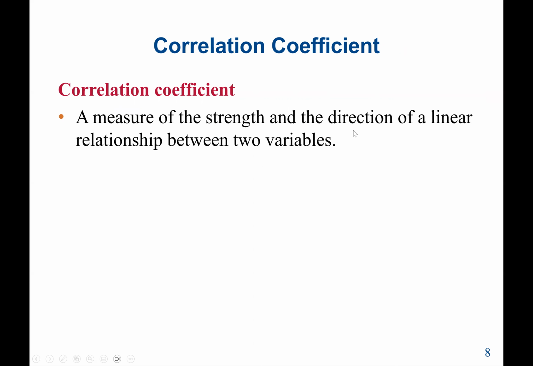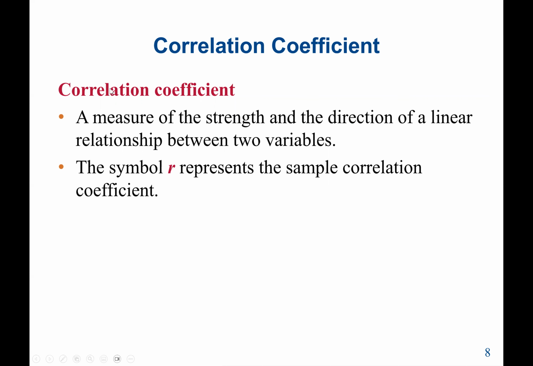What we mean by direction is that the value will be between -1 and +1. If the value is negative, then we have a decreasing relationship: when X increases, Y decreases. If the value is positive, close to +1, then we have an increasing relationship: when X increases, Y also increases. If the value is close to 0, then we have no correlation. There's no relationship between the two variables.